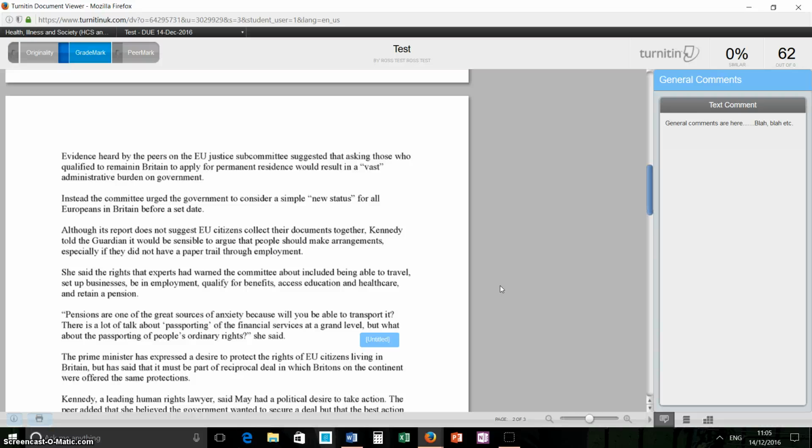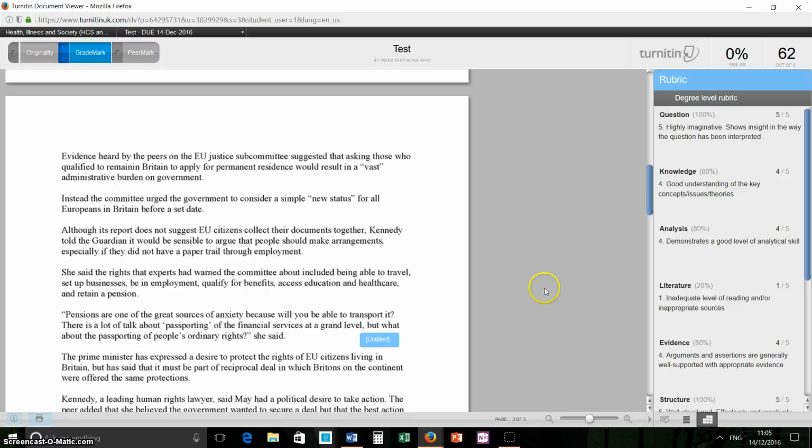I then score your work within each area, and that helps me to categorise your mark and give you your overall grade. So in order to view the grading rubric, you click here where these squares are. Right, and here this is what you'll see.